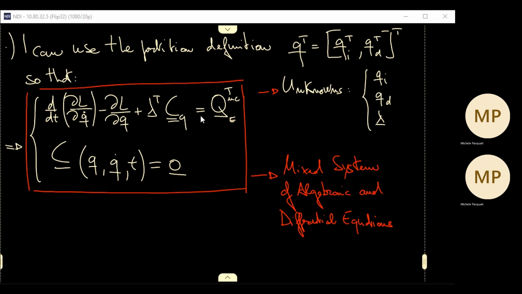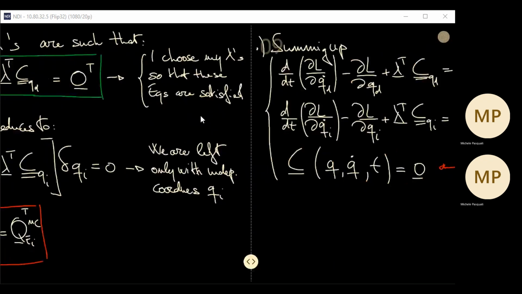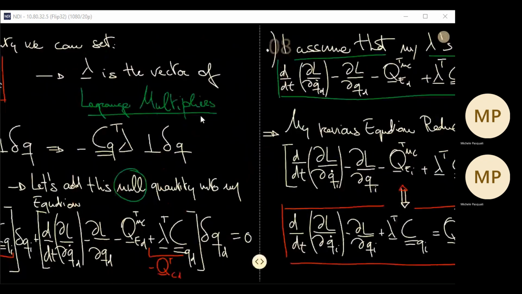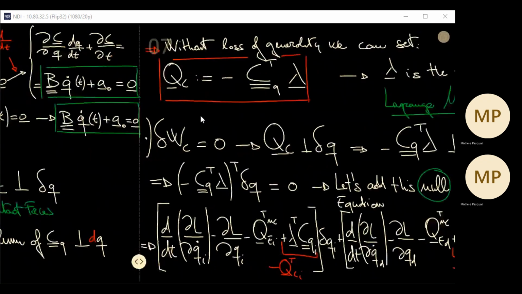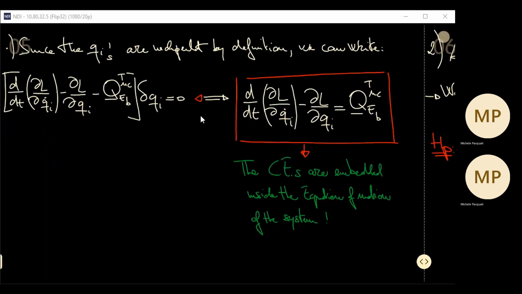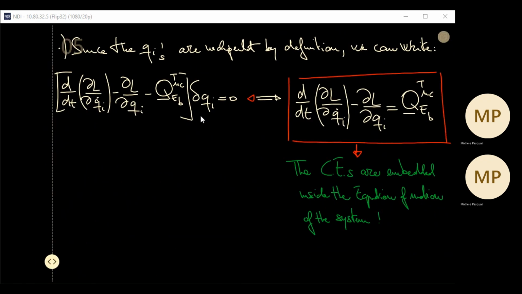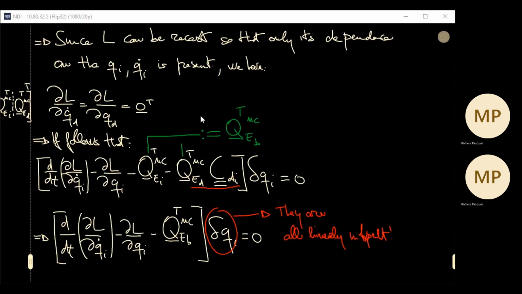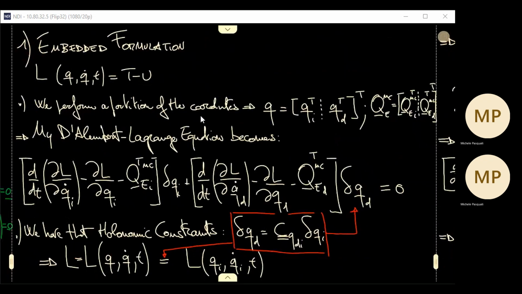Okay, bypassing this problem here, because if you remember, when we were deriving the embedded formulation, we relied on this fact here to write the embedded formulation.